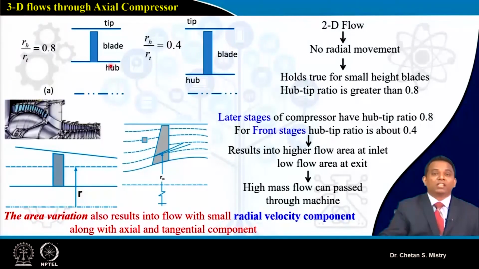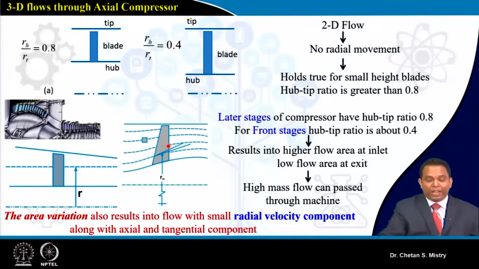What we have realized is that we have a change of height, and that change of height is because of the change of my density. According to continuity, my exit area will be lower. So my streamlines, in the casing region, will try to follow the casing wall, and near the hub they will try to follow the hub curvature, and that gives three-dimensionality to my flow.